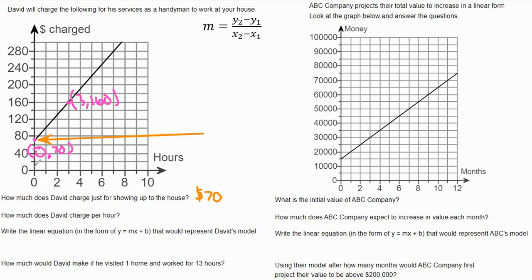Then it's good form just to identify this is my first x, this is my first y, my second x, and my second y. Then I can put it into the slope formula pretty easily.